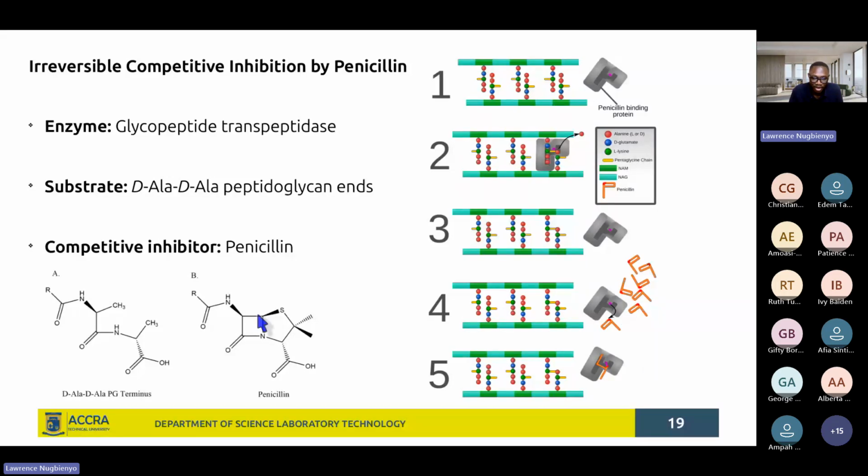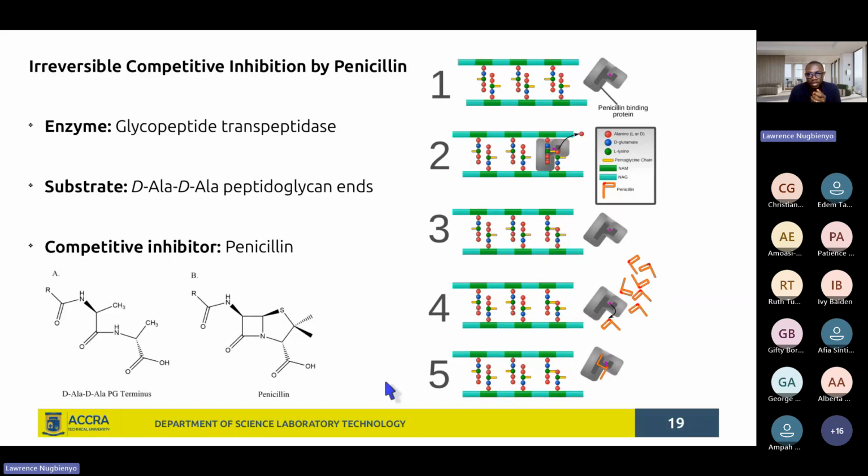So you see that structure has a 4-sided ring fused with a 5-sided ring, which shows the active component of the penicillin family of antibiotics.